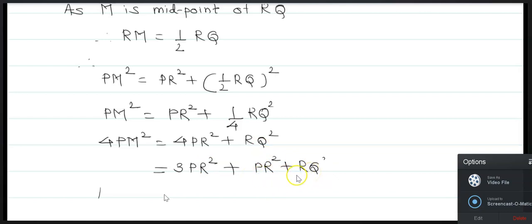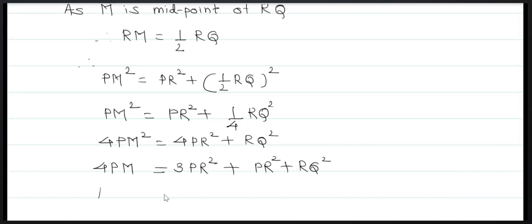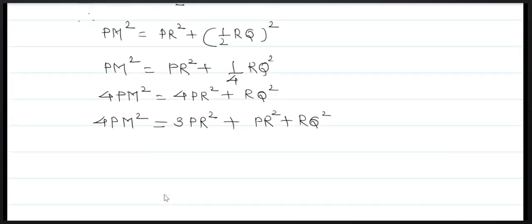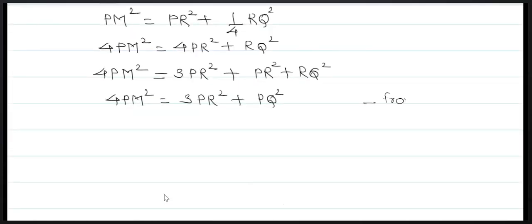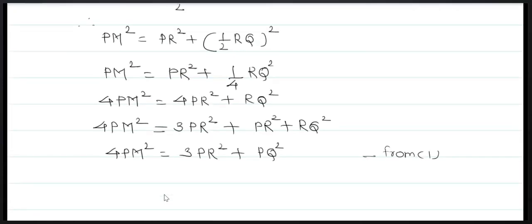PR square plus RQ square is nothing but PQ square. Now see this again here. 4PM square is equals to 3PR square plus PQ square. Therefore, from 1, PQ square is equals to 4PM square minus 3PR square.